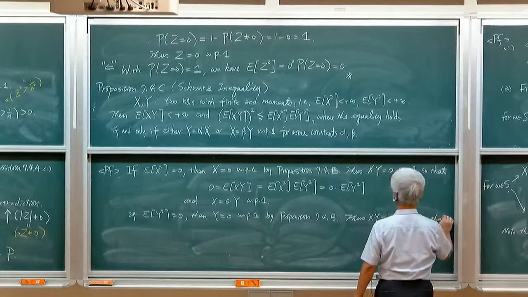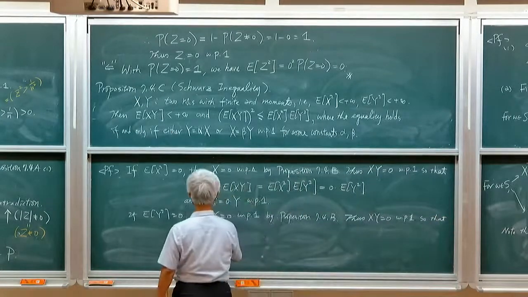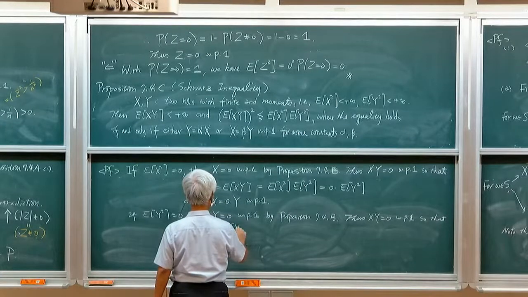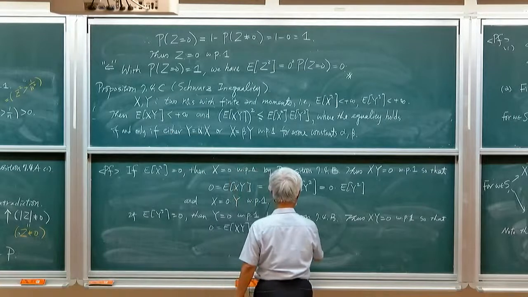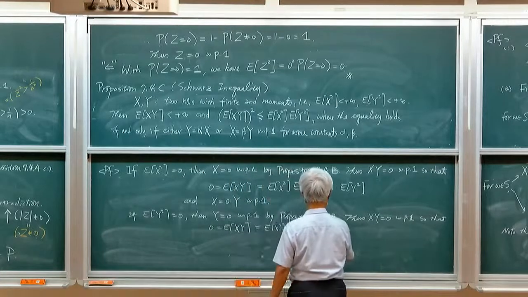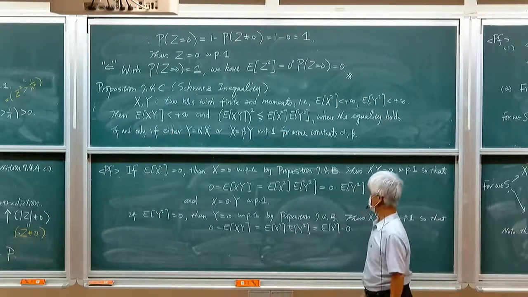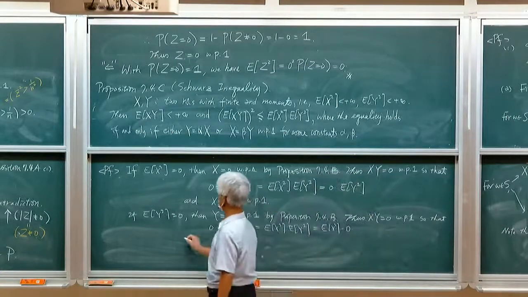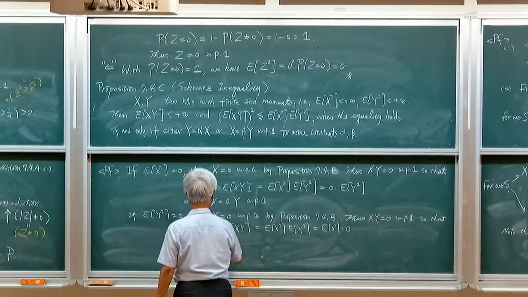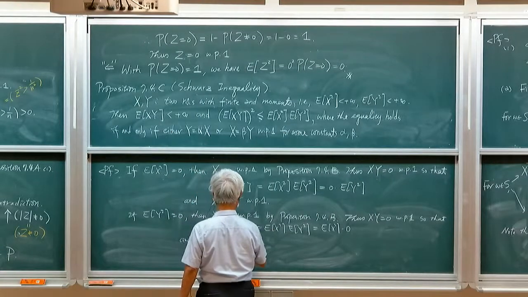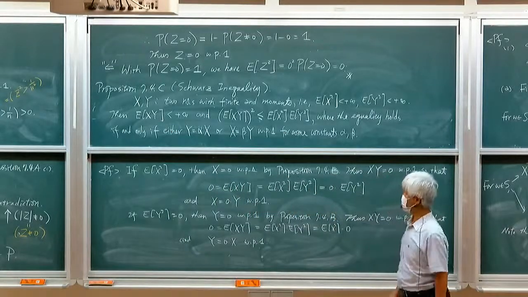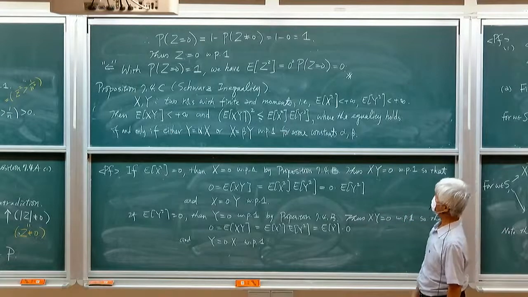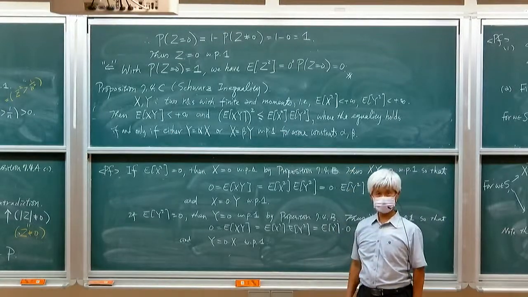So that 0 is equal to the expectation of x times y is equal to the second moment of y, second moment of x times 0. So you have equality, and y is equal to 0 times x with probability 1. Okay. So for two special cases, the proposition is true.